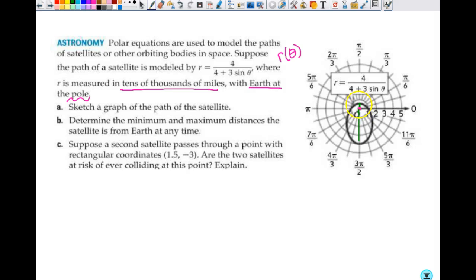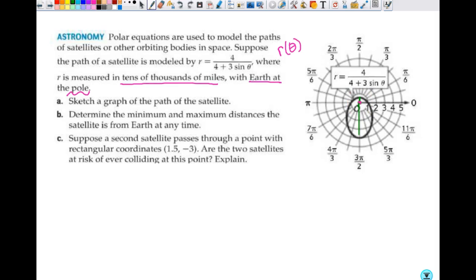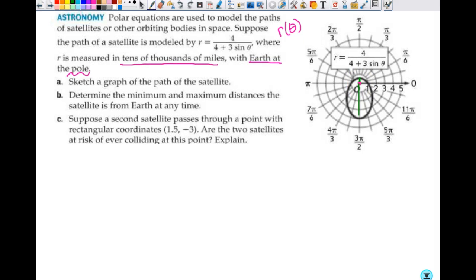How could I find the minimum distance there? What do I know that I could use? Because I don't know what the radius is. That's what I want to find. Do I know theta? What's theta at that? Pi halves. Right here, this is pi halves, right? I have this equation, so I can just find r of pi halves.